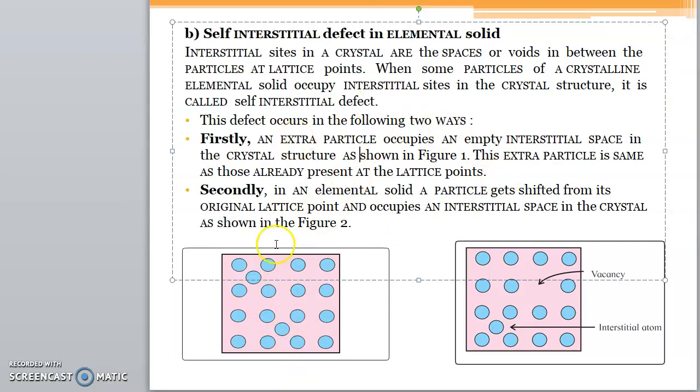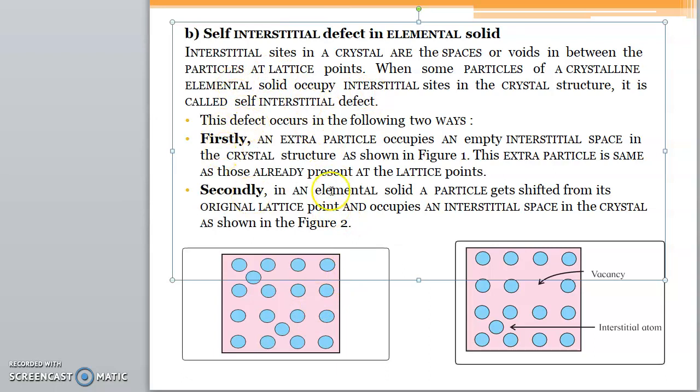Now you can clearly see here all the points are in their place, but there are these two points, two particles, one over here and one over here. So they have occupied interstitial space. They are some external things that have come inside the crystal lattice, and thus create that self-interstitial defect.